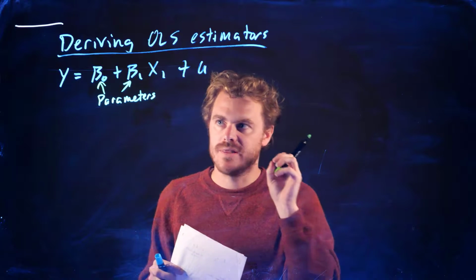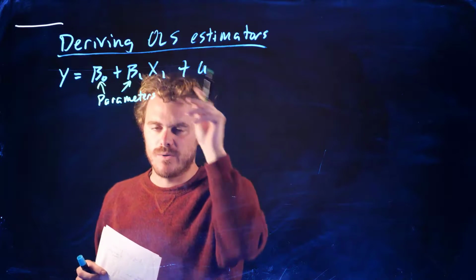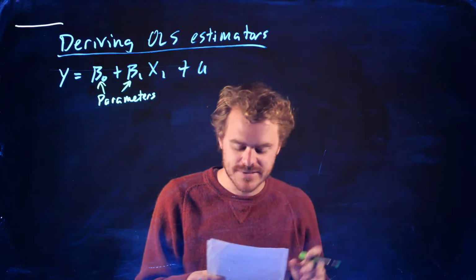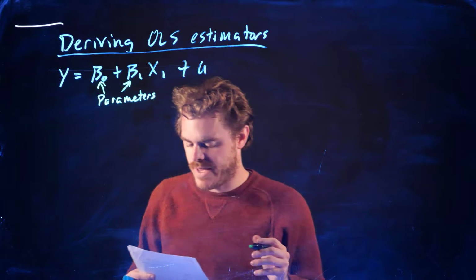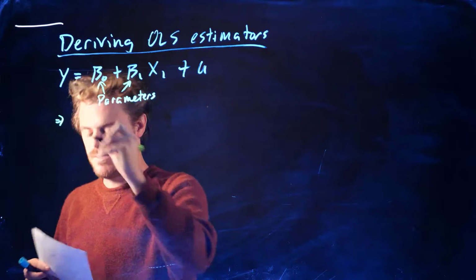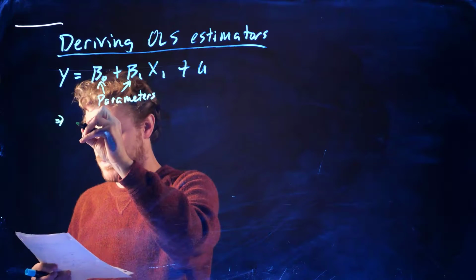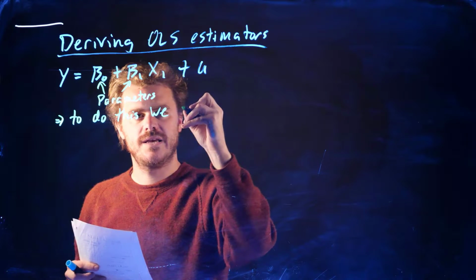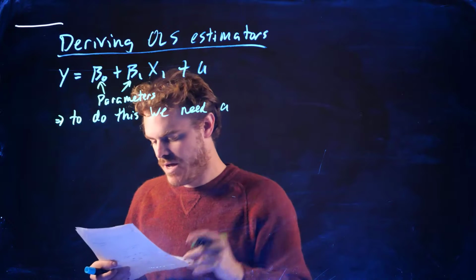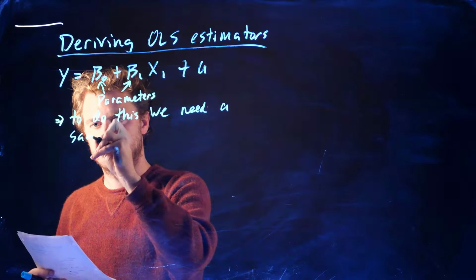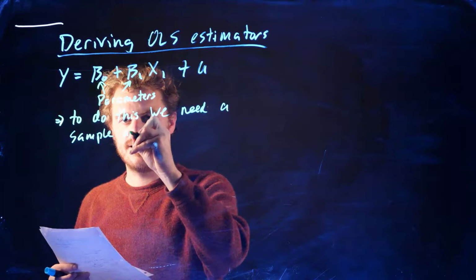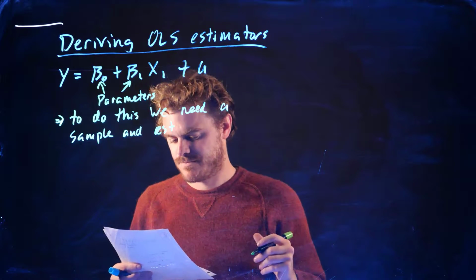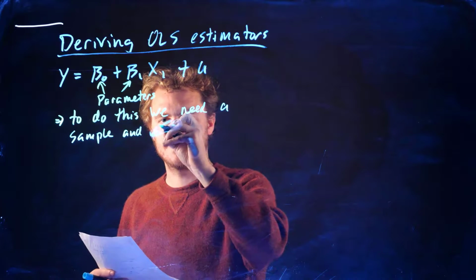How do we come up with estimators for beta 0 and beta 1? What are our estimators? What are our rules that we use for any given sample? Okay. So to do this, we need a sample and an estimator.